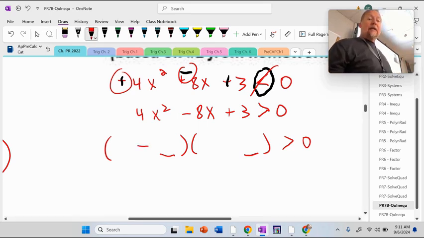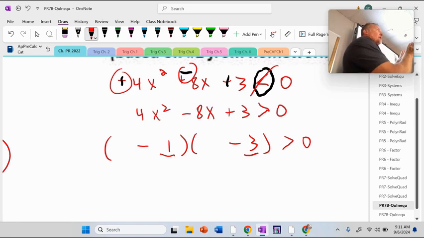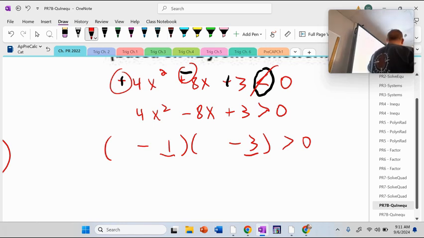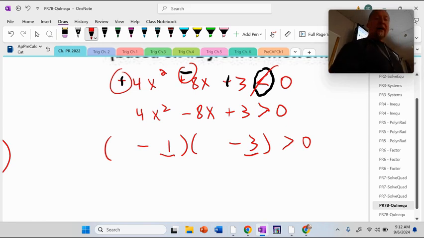So I know it's going to be -1, -3 here for factoring. Now I just have to figure out 4x squared. What are my possibilities for 4x squared? 2x and 2x, or what's the other one? 4x and 1x. If I did put 4x here and 1x here, that'd be -12. That's too large. So I know it's 2x and 2x.